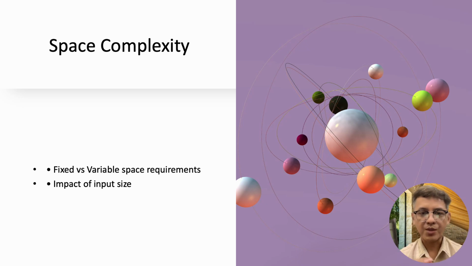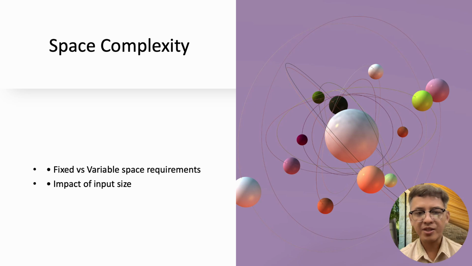Variable space, memory that changes depending on the input size, such as arrays, lists, or recursive call stacks. For instance, if you implement a recursive function without optimization, each recursive call may add a new frame to the call stack, increasing memory usage.